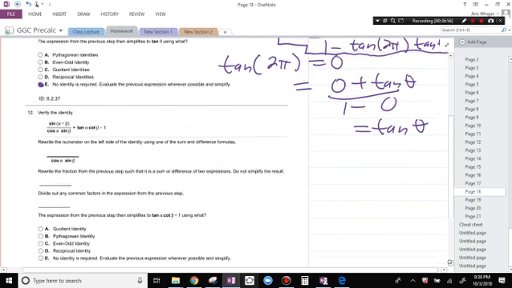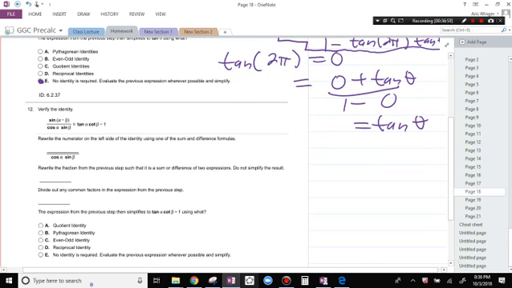All right, here we're just going to use the identity again. Sine of alpha minus beta is sine alpha cosine beta minus sine beta cosine alpha. Write the fraction from here as a difference of two separate expressions. So they just mean divide individually.